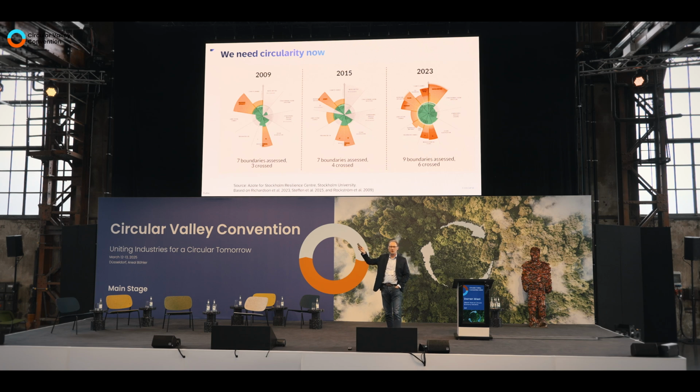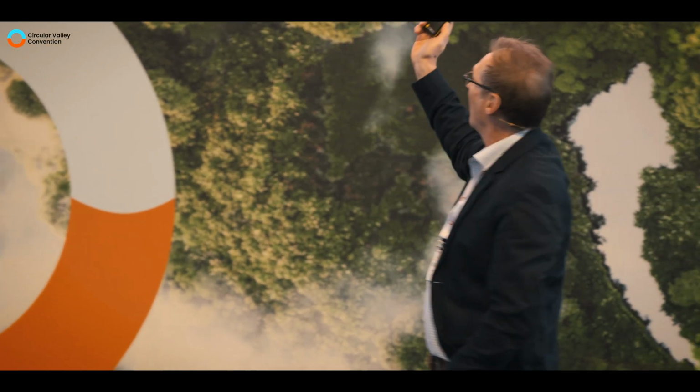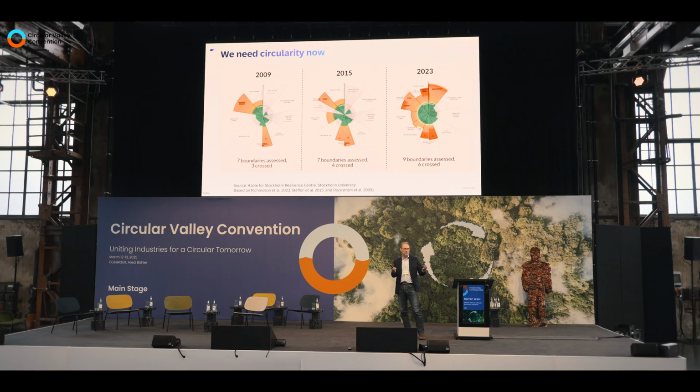And this comes from the Stockholm Resilience Center, if you're interested to look it up. So circularity is going to help us fix this problem with climate change, with fresh water, with pollution. Novel entities are basically chemicals in the environment. You've all heard about plastics in food, blood, water. We need to fix this. You guys, with us, need to fix this with circularity.